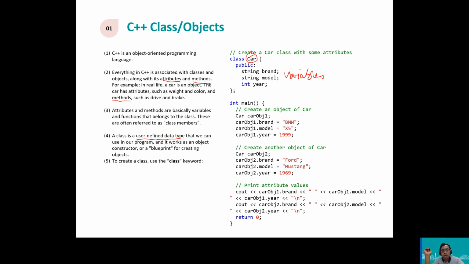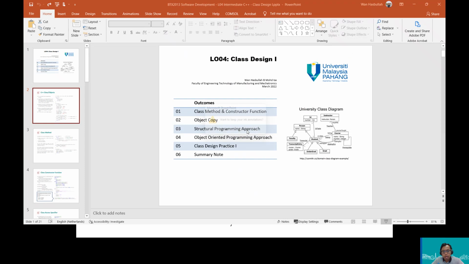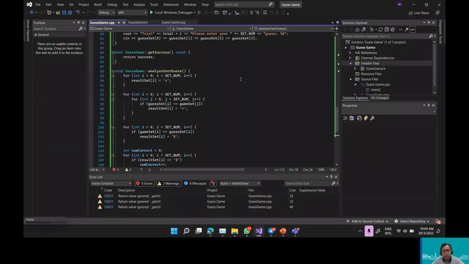To use that, we use the syntax class here, and then public, integer, and so on. This is all the example that I can give you. You can try to rewrite it in your IDE. For instance, here I use Visual Studio. You can download it.